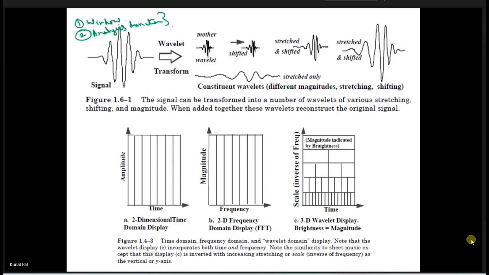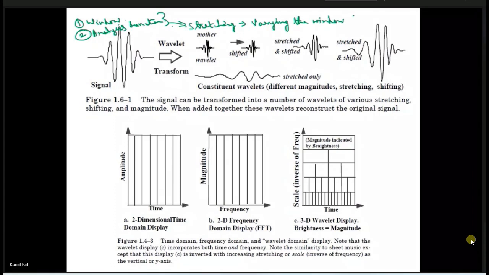When stretching it, you are basically varying the window size.